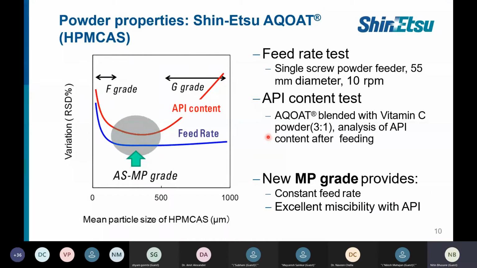Whereas if you are using the medium particle grade, either you go for a lower feed rate or you can maintain the same feed rate, your API content remains the same. So your powder flowability is good, and you can get uniform drug to polymer content from the powder feeder using the MP grade.